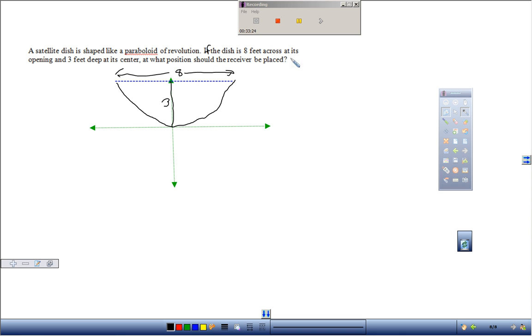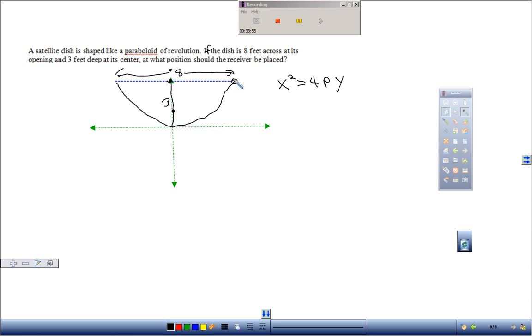In other words, what they're looking for is the focus. This is not the focus right here. The focus might be somewhere over here, and that's what we're looking for. We know that this is a right side up parabola centered at the origin, so it's going to look something like x squared equals 4py.